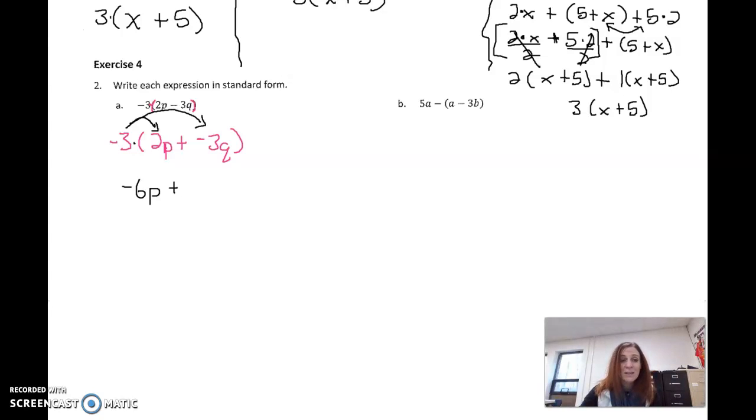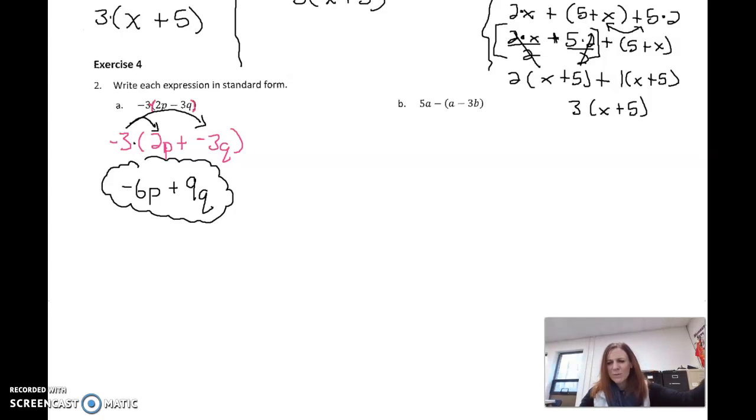Negative times a negative is a positive. 3 times 3 is 9. This is 9q. Now, we can combine identical variable parts. This is a variable. This is a variable. They're not identical. So we are done. Okay? I know that seems weird, but that's where our comfort level needs to go.